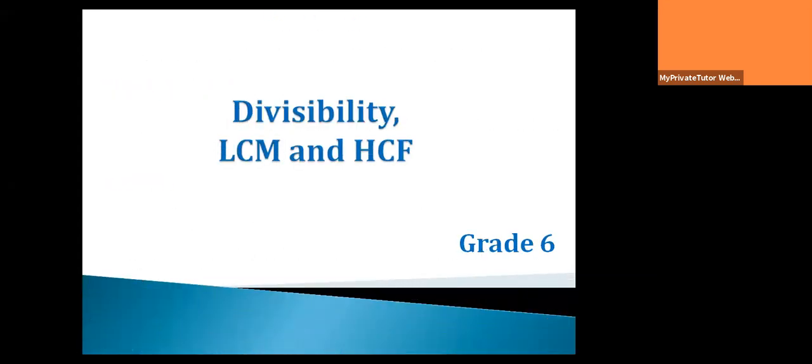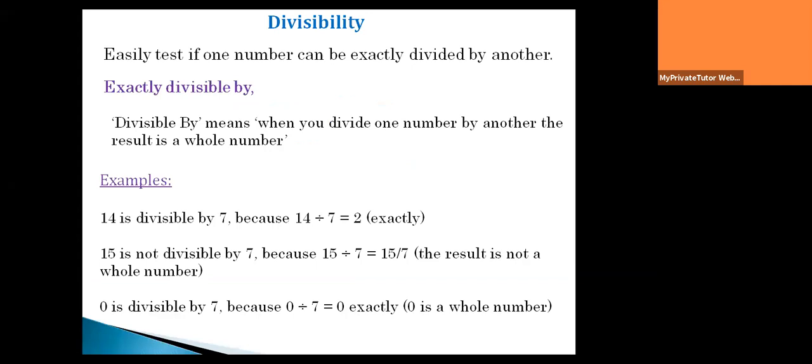I hope you guys are aware of divisibility. What do you mean by divisibility? If you have bigger numbers, is it possible to divide the bigger number by a smaller number? So we just need to check the test. This is kind of a test, not dividing.